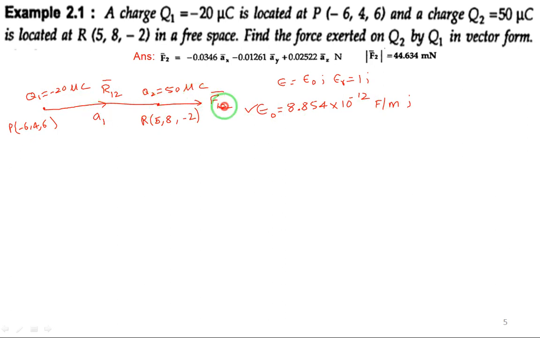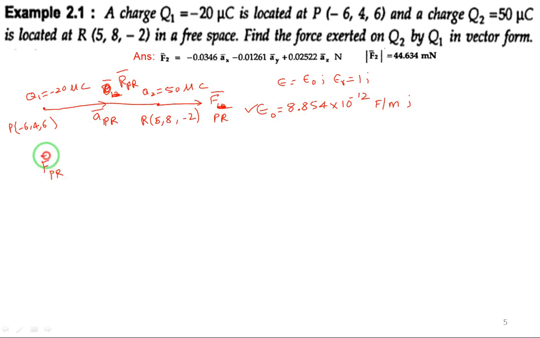I will call it FPR, and here instead of R12 I will write RPR, from P to R, and the unit vector is APR from P to R. Next I want to find the force exerted on charge Q2 by Q1, FP to R. We will write the formula for that.